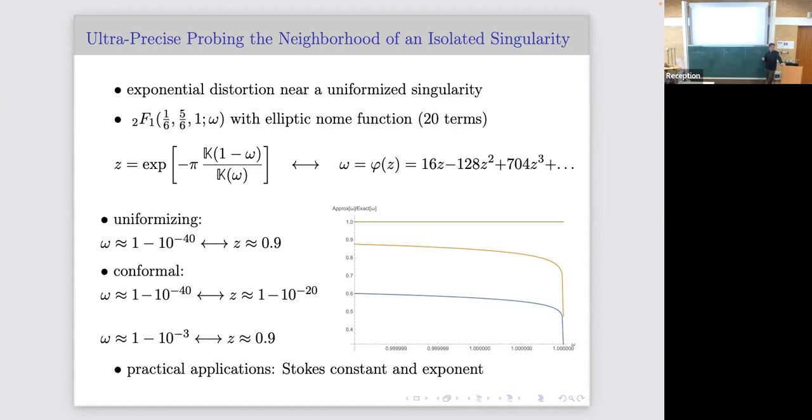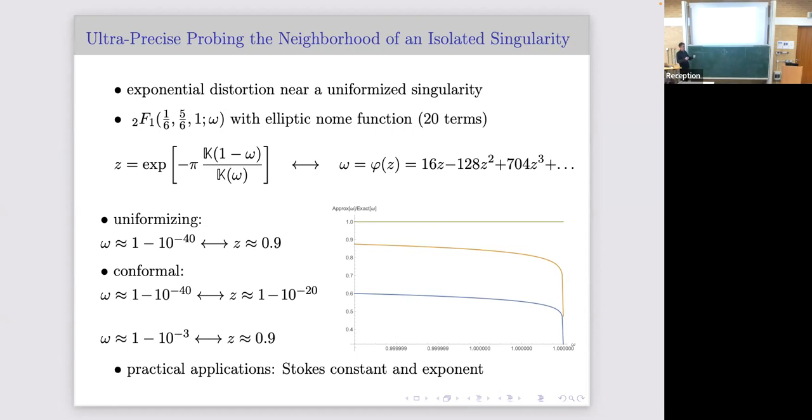So this is part of the reason that there's this ridiculous improvement close to the singularities. That's part of the reason why these uniformizing maps are so powerful.